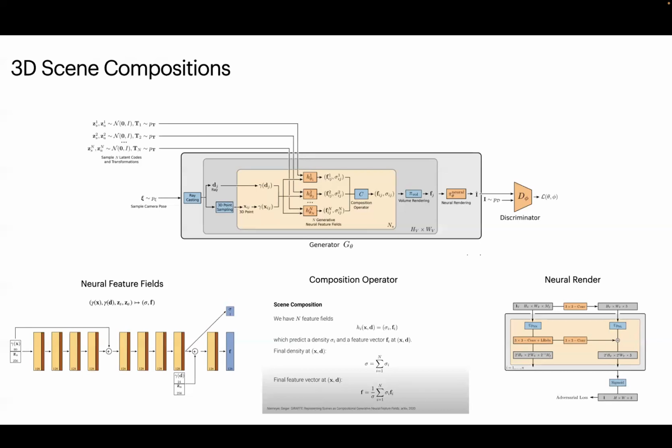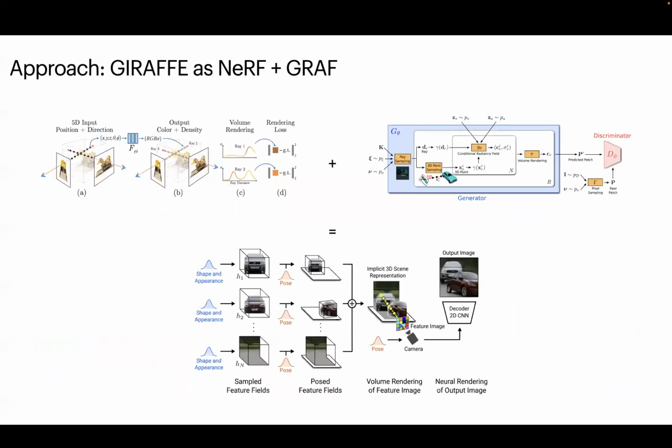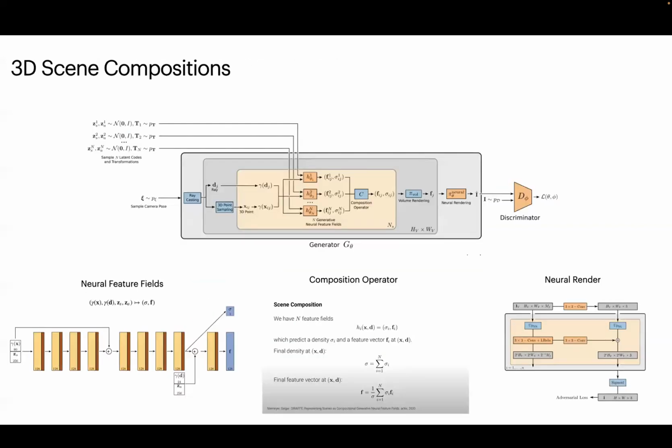As you can see here in the bottom middle part, they have N feature fields, which are the different H1, H2, Hn sample feature fields, and they figure out a way to put them together. Here they use the final density, which is the sum of all the densities, and then find a final feature vector representation by multiplying each vector with its density, then averaging with the mean density.